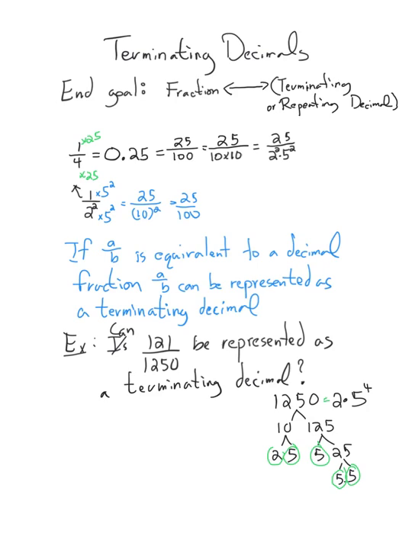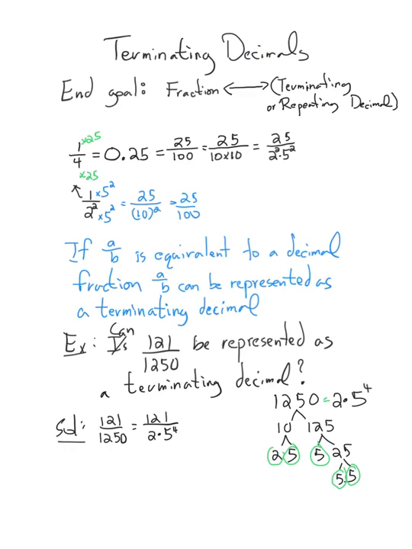So I know 121 over 1250 equals 121 over, well, 1250 is the same thing as 2 times 5 to the 4. And remember, if this is equivalent to a decimal fraction, we're good to go.